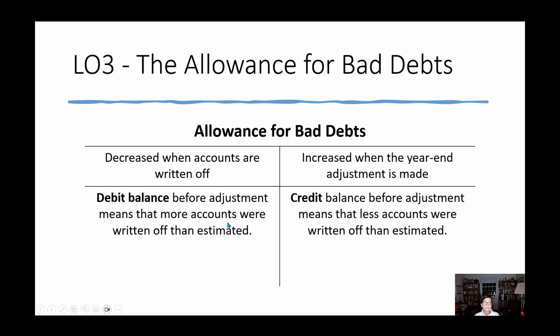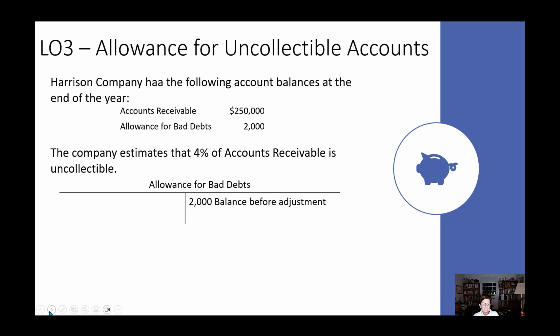And that means that more accounts were written off during the year, you had more debits than you estimated. A credit balance, which is the normal balance for this account, means that less accounts were written off than had previously been estimated. Unless it's the first year of business, there's going to be a balance in your allowance before you adjust it at the end of the year, because no company could ever estimate exactly the amount that would be written off for the year. So keep this in mind as we go along now.